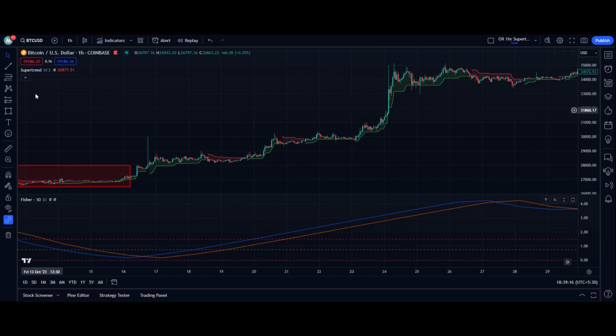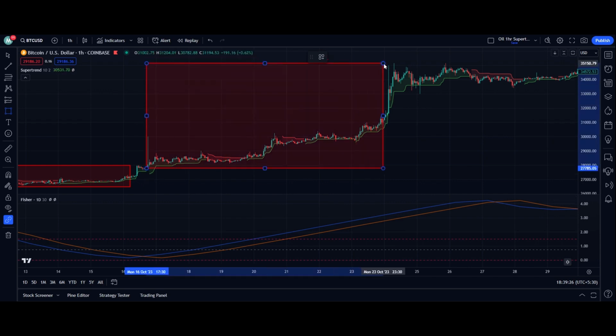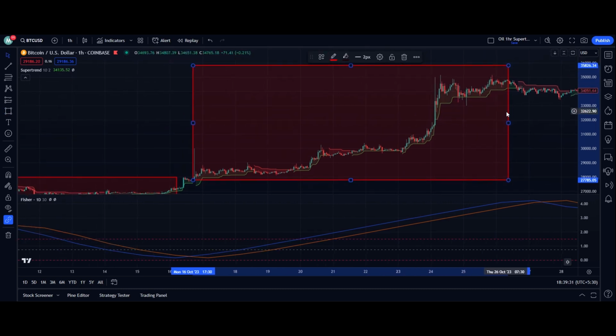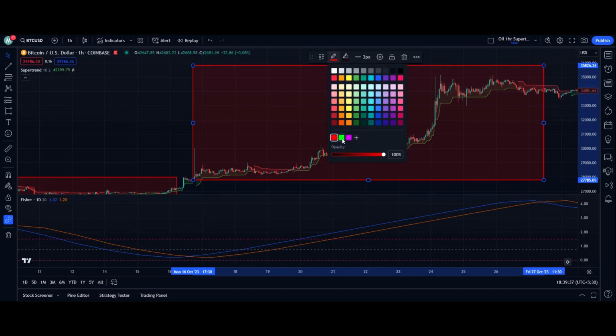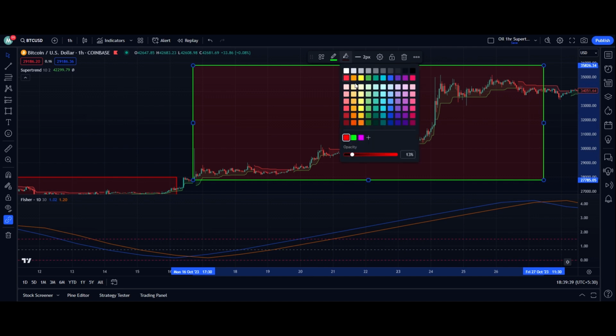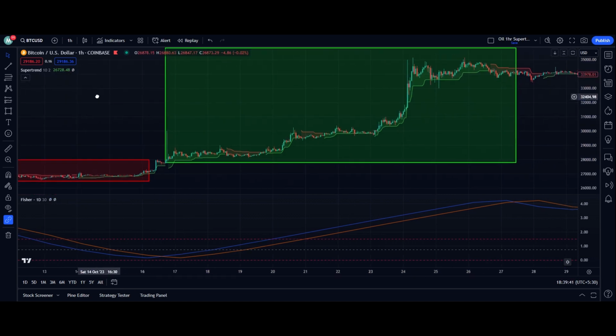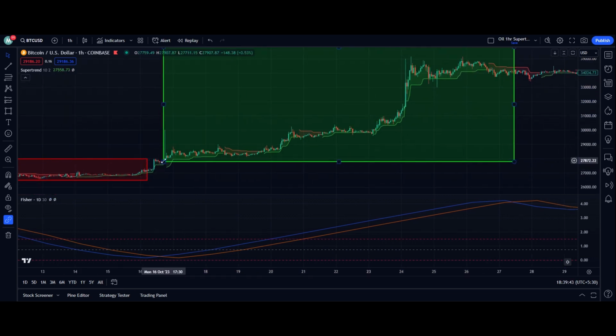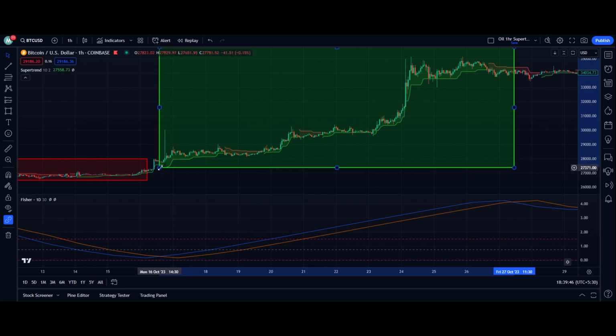As you can see, we are turning bullish at this point, which is 16th October, and we are staying like that till this point. So this is the bullish area of the market.